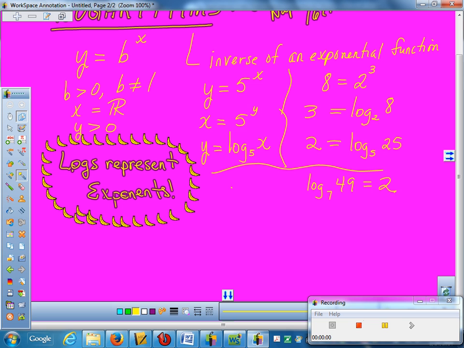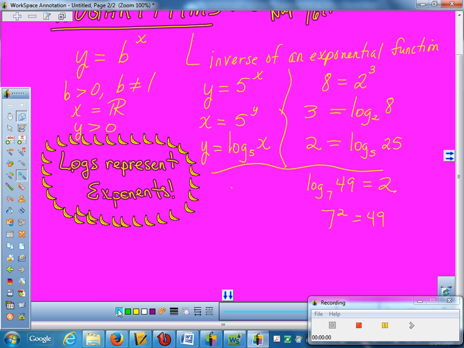Translate that back into an exponential statement. Change it back to something to a power. What would it say? The base on the log is the base on the power. So 7 is the base. What's the exponent? What it's equal to is always the exponent. And so 7 squared equals 49.